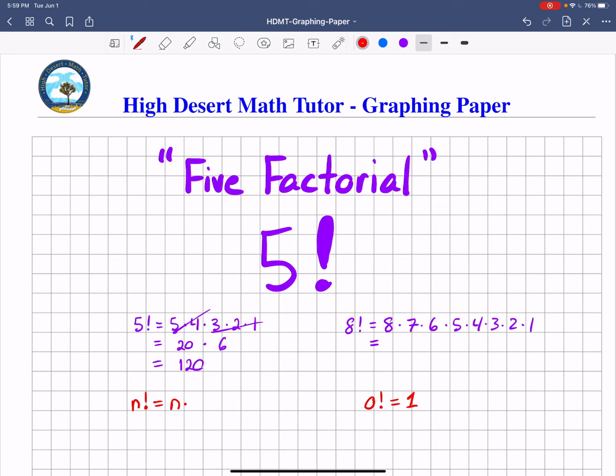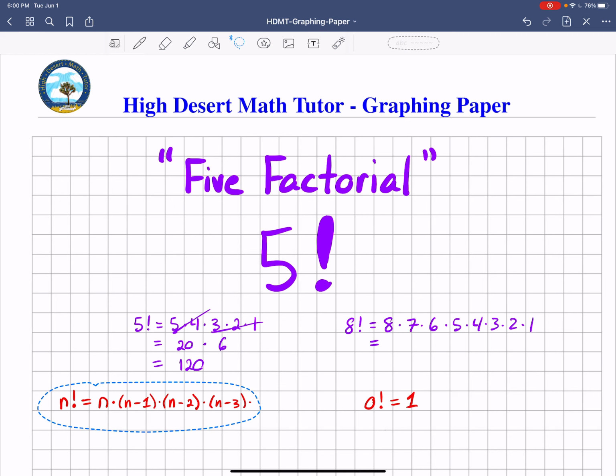After you write n, you're going to multiply it by the next number down, which is n minus 1. Then you multiply that by the next number down, n minus 2, and then n minus 3, and we're going to do that all the way until we get down to the number 1.